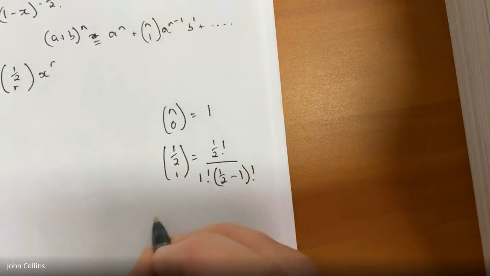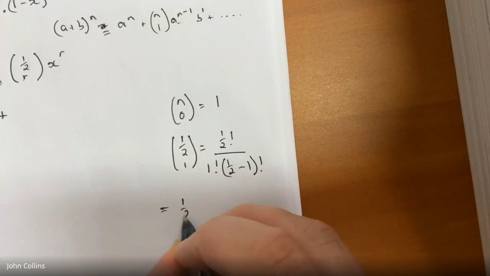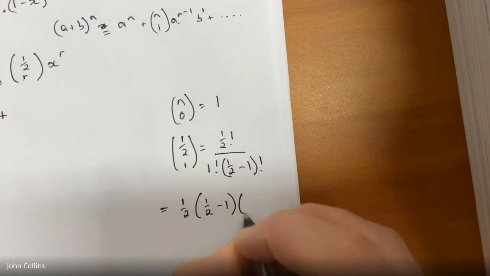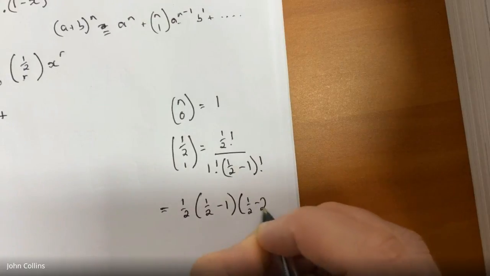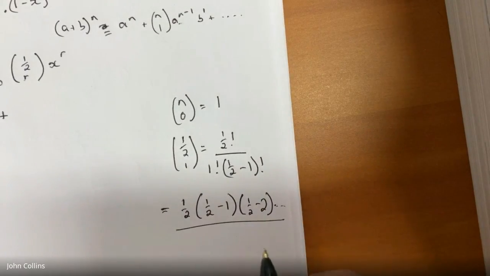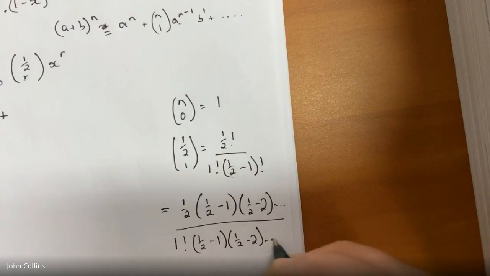So a half factorial is, well, we're going to expand this out just to take time. That's a half times, what's the next term? Half minus 1 times a half minus 2, and so on. That's a half factorial. 1 factorial is just 1. We'll put it in anyway. And then half minus 1 factorial is going to be a half minus 1, a half minus 2, and so on and so forth.